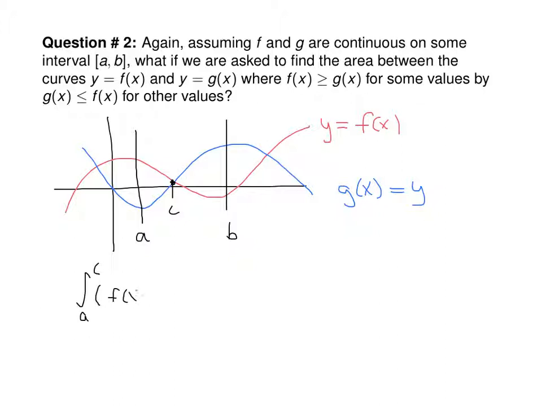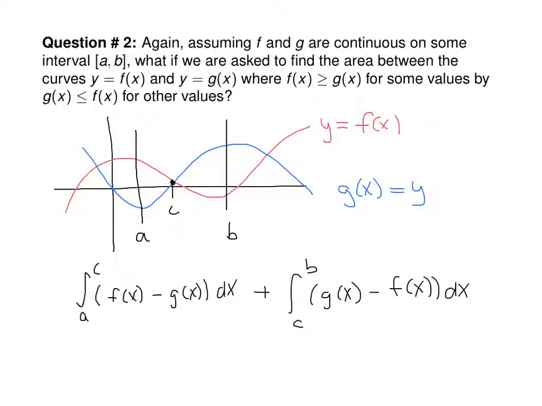So we'll have f of x minus g of x dx plus, between C and B, on that portion g of x is greater than f of x, so we'll have g of x minus f of x. And so if there is just one intersection point within the interval that you're finding the area between, then you'll just have two integrals. If there were two intersection points, you would have three integrals. So it gets very tedious very quickly, but that is, in principle, how this is going to work.